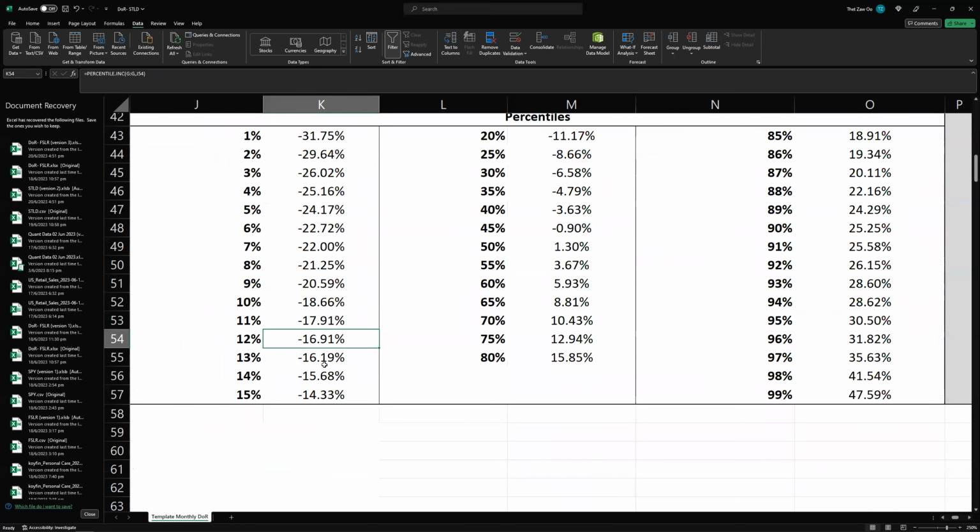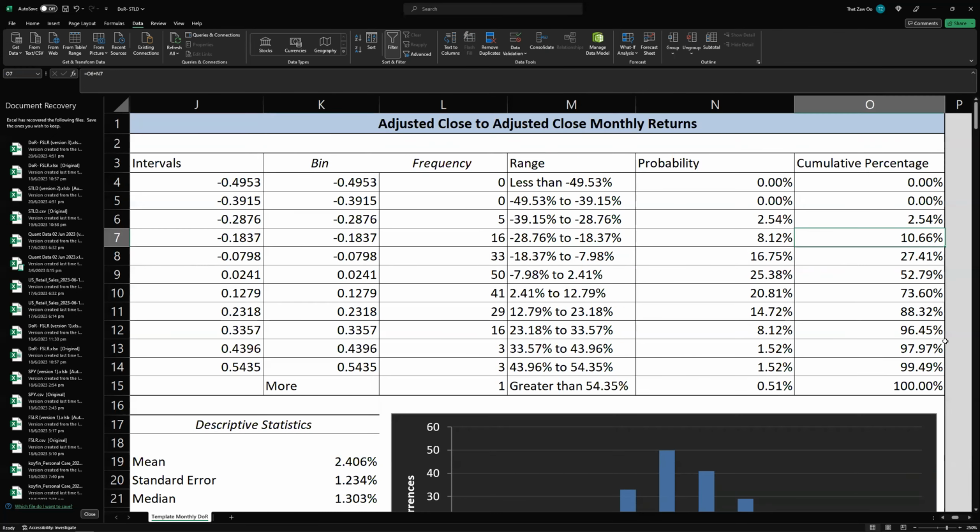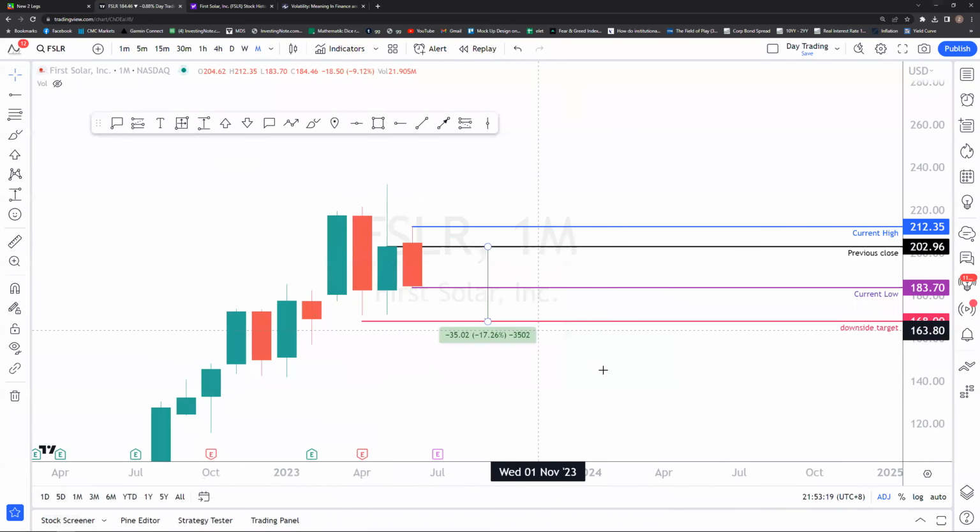In this case, we have a 12% chance of First Solar hitting the stop loss, which is 17% downside, and here it is about 11% chance, 10.66. So it's plus minus 1%. If you want to place your stop loss there, it's fine, but that is the theoretical one for this month.